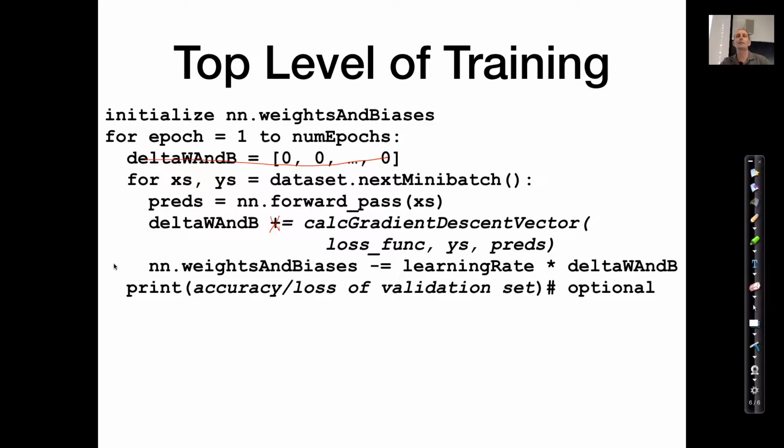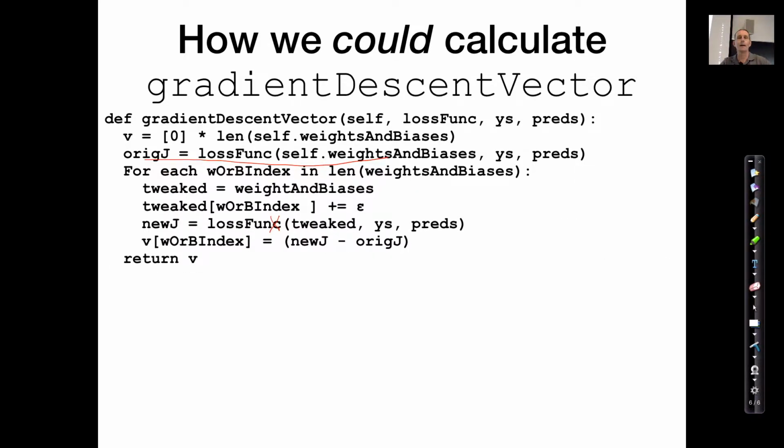So calculating the gradient descent vector, how could we calculate the gradient descent vector? There are some different ways. One way we could calculate it is we could go through for each weight and bias, tweak it by adding an epsilon, calculate our new loss function, and then take our new minus the original, divided by epsilon.